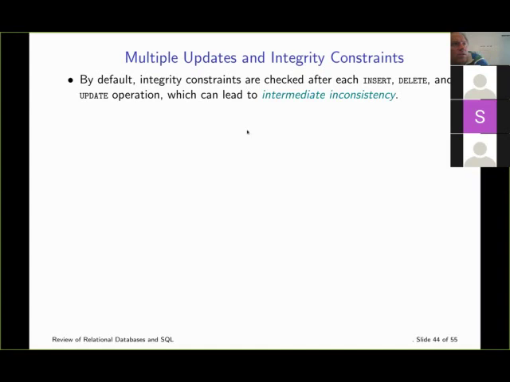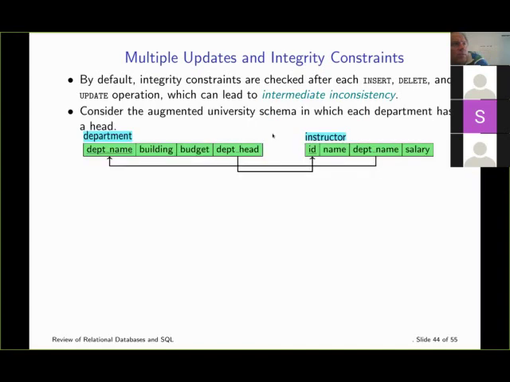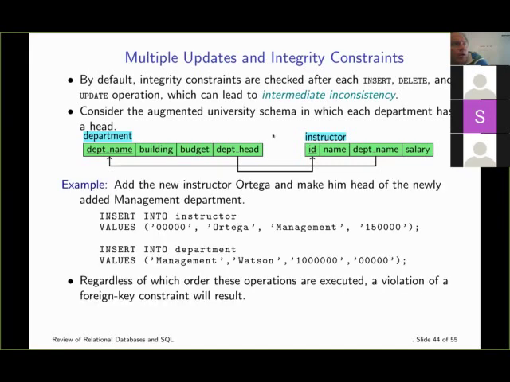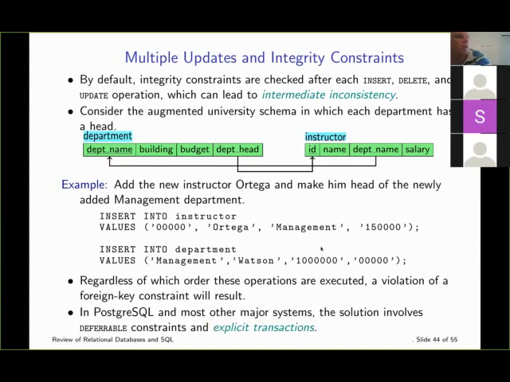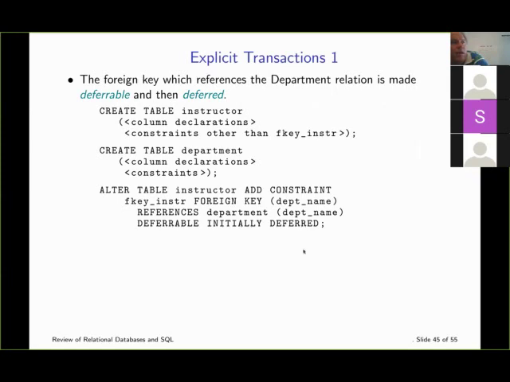So this right here is the way you defer it: multiple updates and integrity constraints. If you defer it through explicit transactions, you can do bulk operations where you temporarily put it into a bad state, but then you patch it up and fix it so that it's in the right state, because you might have a chicken and egg problem with circular referential integrity, circular foreign keys.